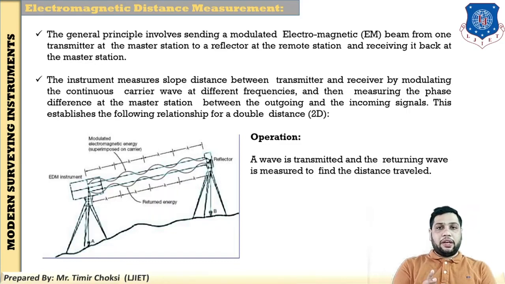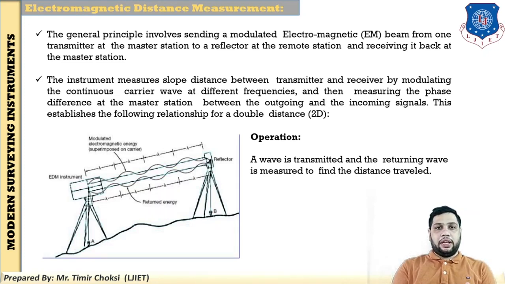So electromagnetic distance measurement measures the time between the production of the electromagnetic wave and its reflection back to the main station. Having measured the time, you know that velocity equals distance upon time.